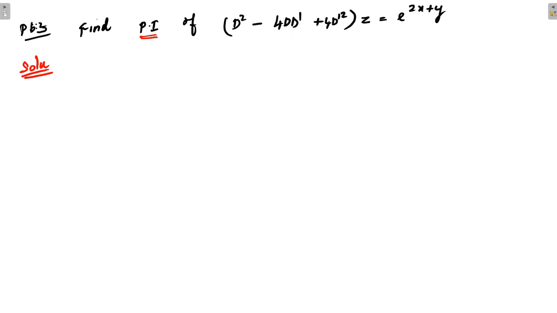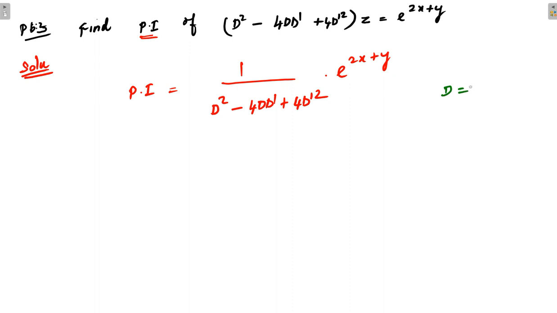Both are the same. So now I am going to find the particular integral, which is equal to 1 by D square minus 4DD dash plus 4D dash square, into e power 2x plus y. Here the right hand side is an exponential function. So for that I substitute D by the coefficient of x, that means 2, and D dash by the coefficient of y, that means 1.